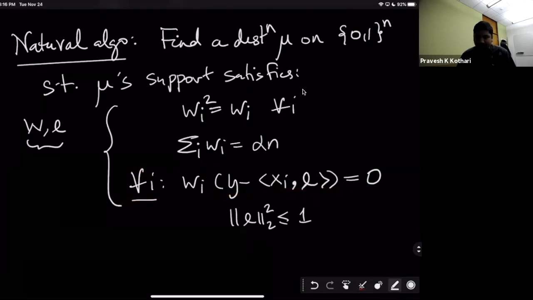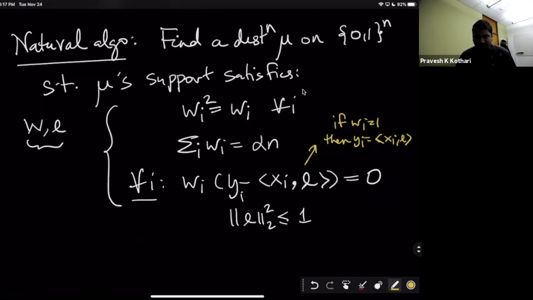Wi being 1 means that equation is included in the set indicated by W. When Wi is 1, the only way this equation is satisfied is if yi equals xi dot L. So the real world way to read this is to simply say that if Wi is 1, then yi is xi dot L. In other words, whenever W chooses an equation to be in the set it is constructing, then L should satisfy that equation.